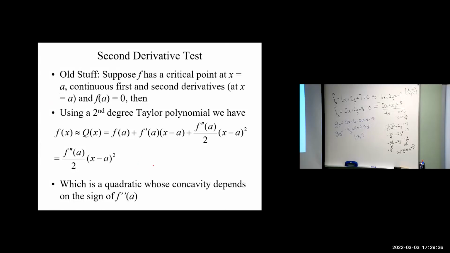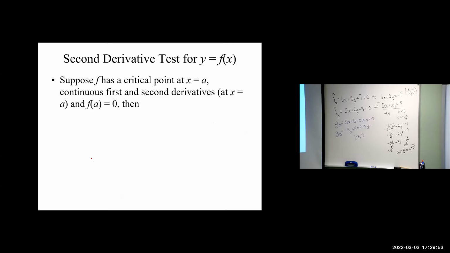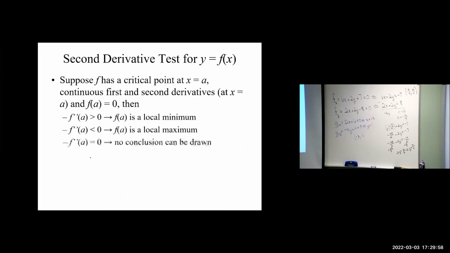And if something's concave up, the critical point sits at the bottom, so we'd have a min. If we get a negative in our second derivative, it's concave down. Concave down would have a critical point at the top and hence a maximum. So we're going to use that basic same idea when we derive the second derivative test for multivariable calc. Now, one problem with the second derivative test in Calc 1: if the second derivative is 0, it's inconclusive. And we will have cases where the second derivative test is inconclusive in multivariable as well.